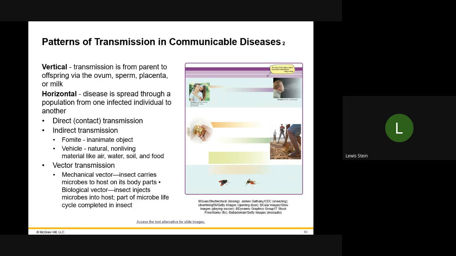There's a subtle difference between biological and mechanical vectors. If you think about, we talked about Redi way back early in the course. He watched flies light on meat, and all of a sudden it started to grow. Basically, they lay eggs and grow larvae.